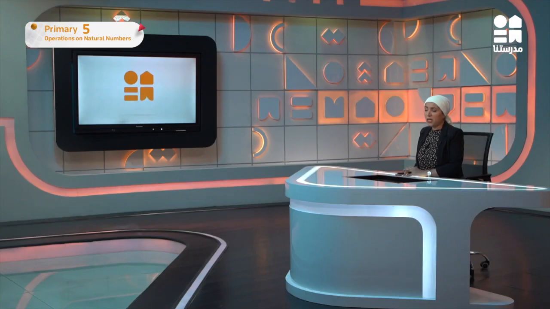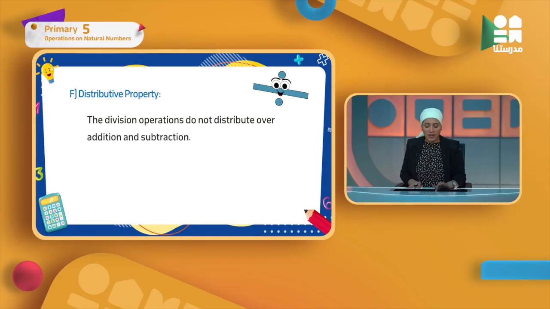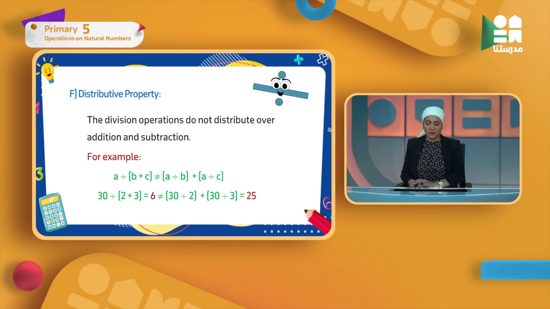Now let's move to the last property, distributive property. Do you remember in multiplication when we talked about the distributive property and I multiplied the number outside the bracket by each number inside the bracket and then add or subtract them? This part is also not applicable on the division. Okay, so division operations do not distribute over addition and subtraction. Here is an example. a divided by (b plus c) is not equal to a divided by b plus a divided by c.